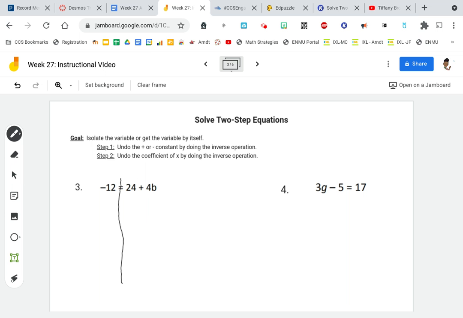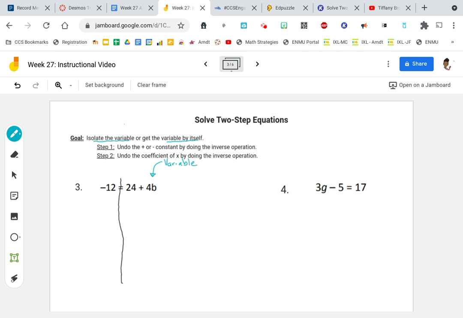So remember, our goal is to isolate the variable or get the variable by itself. Well, the variable is right here. So the reason why I'm saying that is because that means the work that we're doing needs to be on the right hand side of the equation because that is where the variable is.